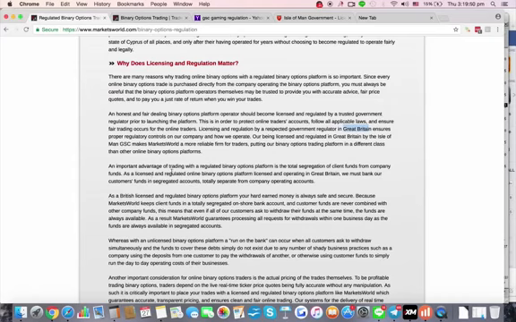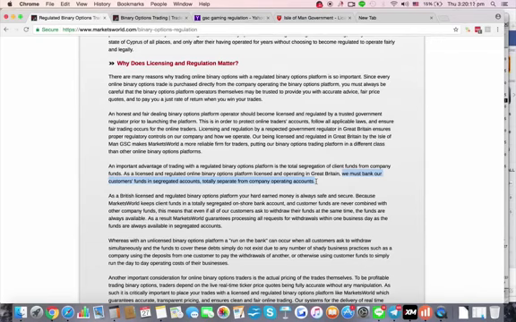So the advantage of trading on a regulated platform is the total segregation of client funds. According to this authority, it's a rule that they have to segregate the client's funds. You need to bank the client's funds in segregated accounts separate from company operating accounts. And this is a very good measure.